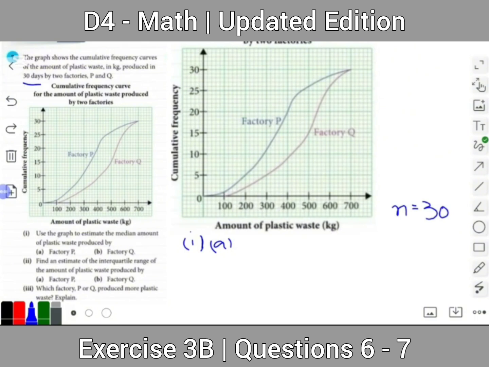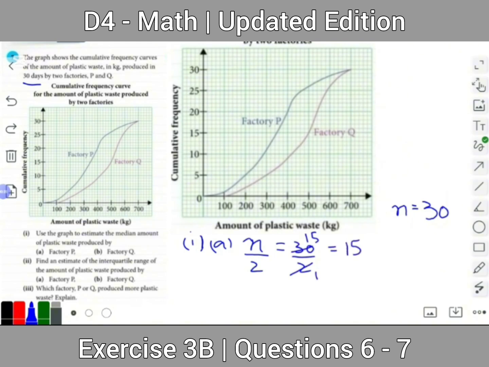Now, to estimate the median from the cumulative frequency curve representing factory P, we find the position of the median by using n over 2. So it will be equals to 30 over 2, and it will give us 15.